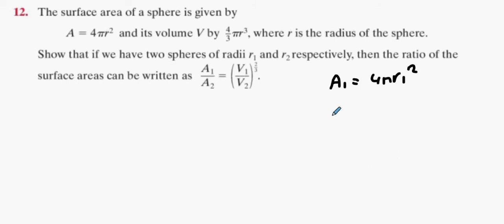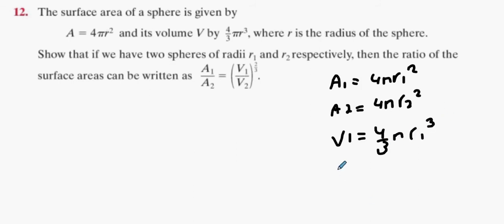I would have A2 is 4 pi r2 squared. I then have V1 which is 4 over 3 pi r1 cubed. And then I have V2 which is 4 over 3 pi r2 cubed.